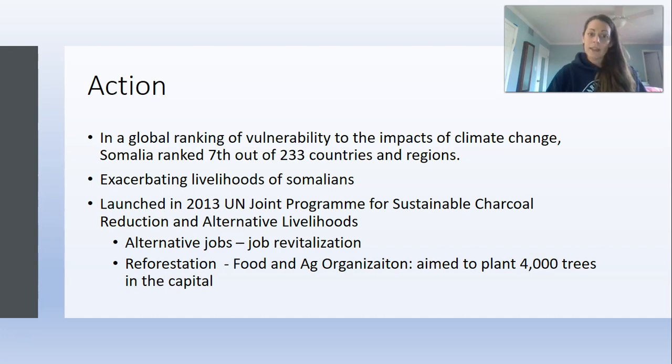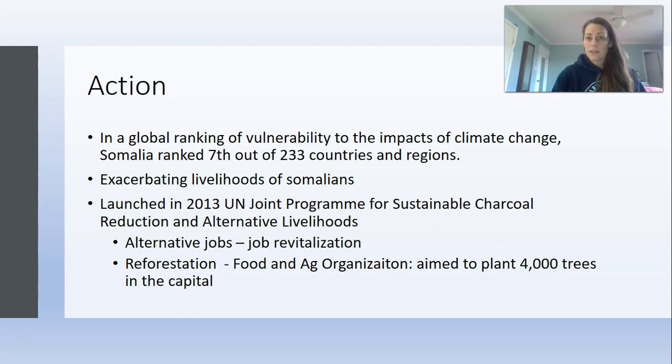So in 2013, the UN Joint Programme for Sustainable Charcoal Reduction and Alternative Livelihoods was launched. And it's very difficult to find out any information about this besides the press releases that talked about the programme and the sustainable charcoal reduction.